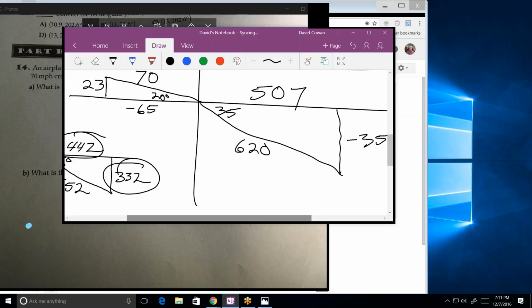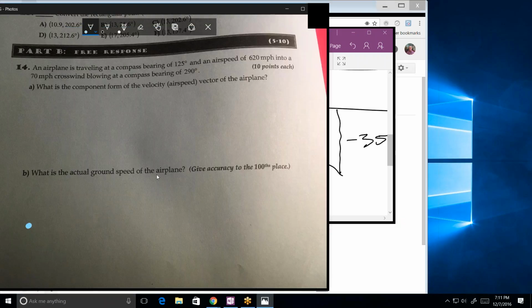And then the ground speed, you have to combine both vectors, find the resultant. The magnitude of it is the actual ground speed of the airplane. Which is the 552. It asks for speed, not velocity. I don't know that that matters. No, they're not distinguishing between the two terms.